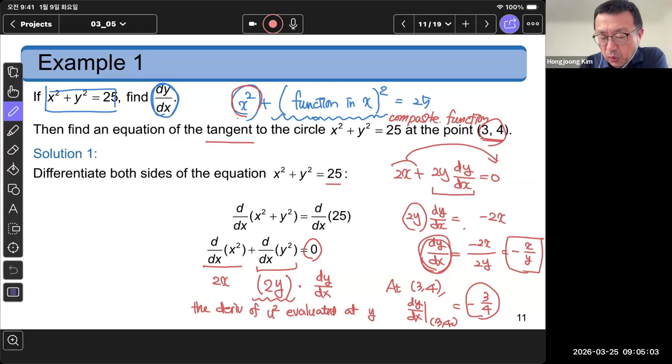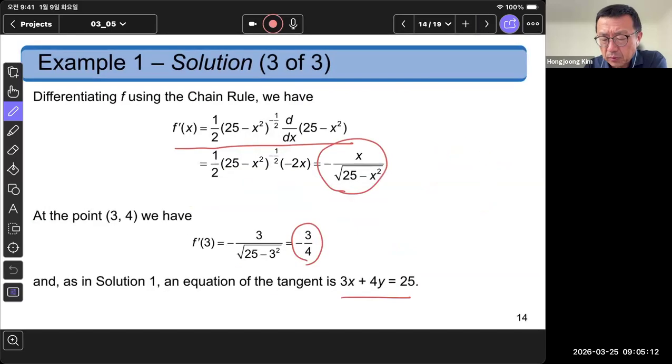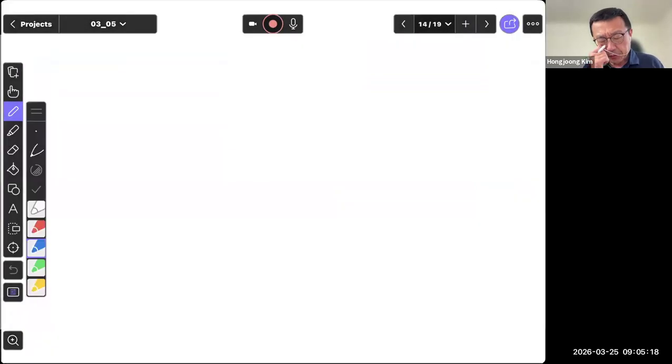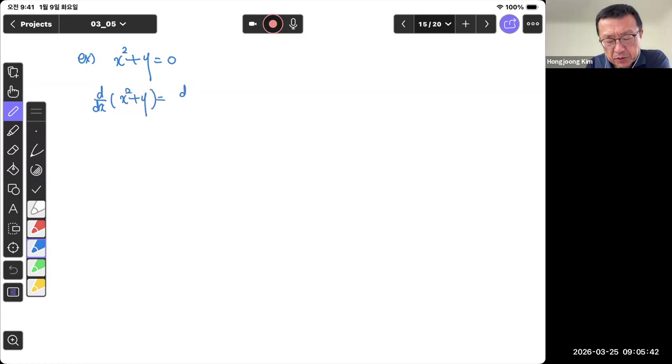Let me give some more examples because this is quite useful. Suppose that I have x squared plus y equals 0. When I differentiate the left hand side, it must be the same as the differentiation of the right hand side.